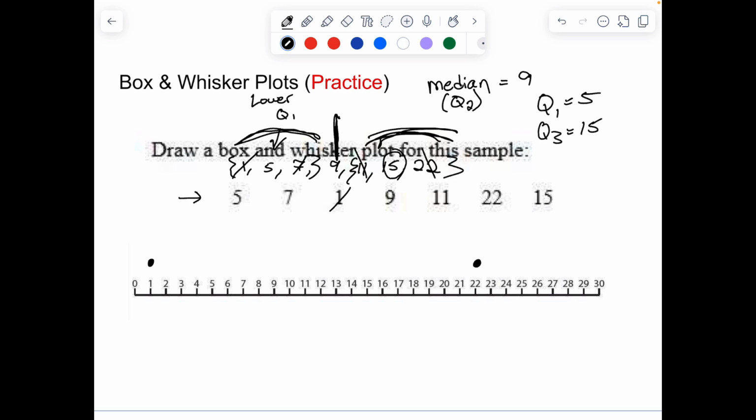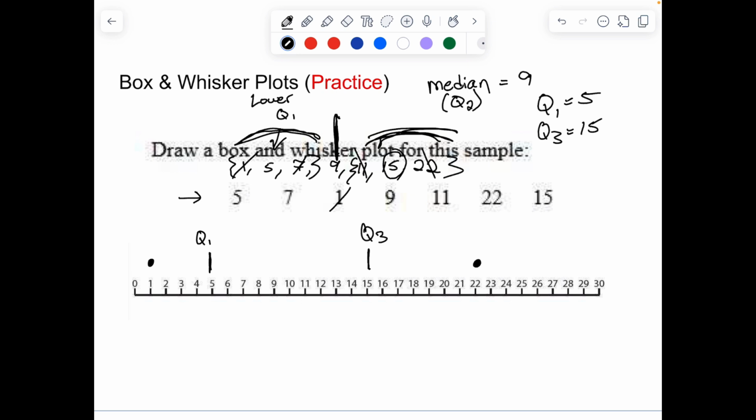The next step is to make our box and then connect that to our highest and lowest points to make our whiskers. Q1 is 5, so we are going to have the front of our box here, Q1. Q3 is at 15, which is here.